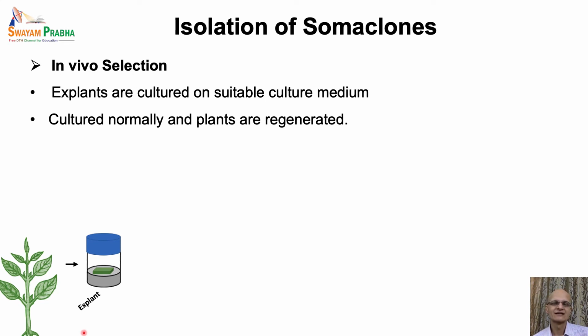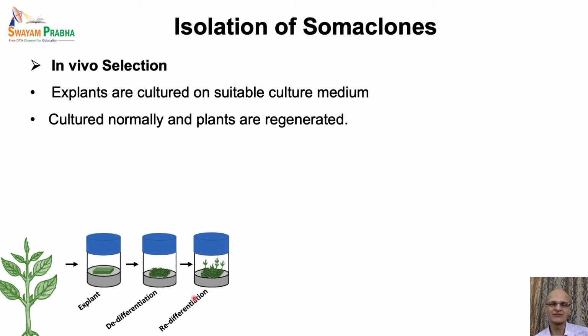That is, these cultures or cells are induced to differentiate, which results in callus formation. Once enough callus has been formed, it is transferred onto the regeneration medium, where the calli are induced for organogenic responses and shoots are regenerated.